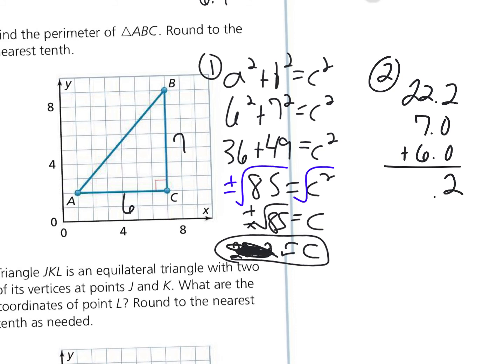That wasn't our answer there. It should be 9.2. And then when you add those together, you get 22.2. Just looking at the wrong thing.